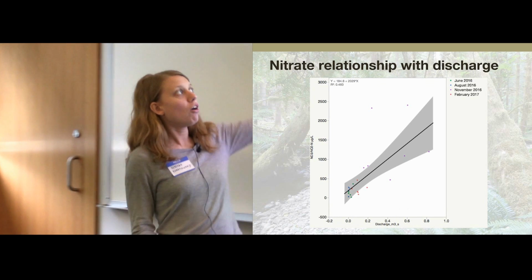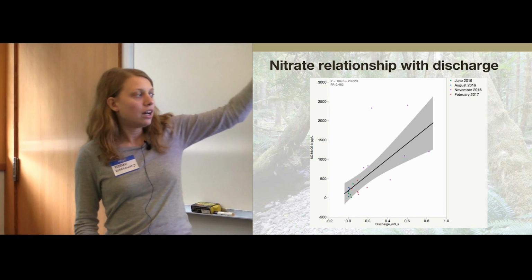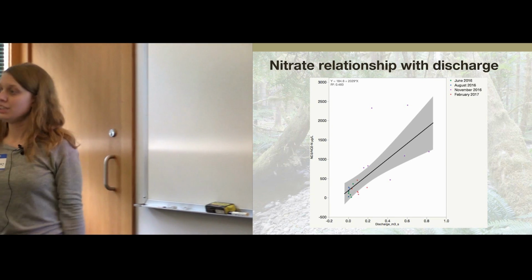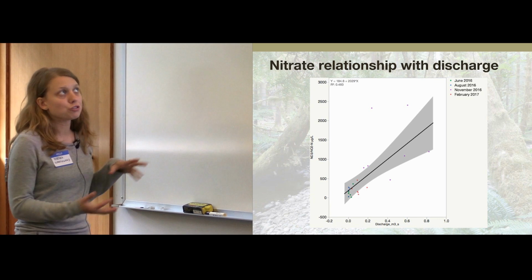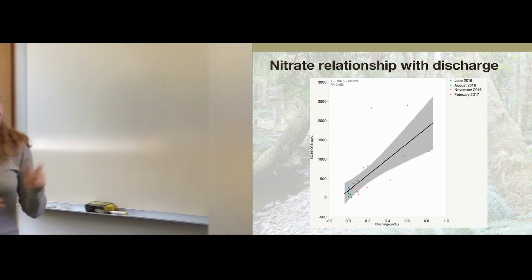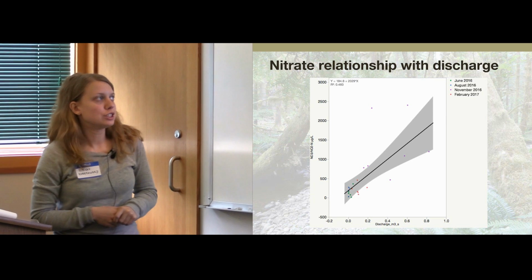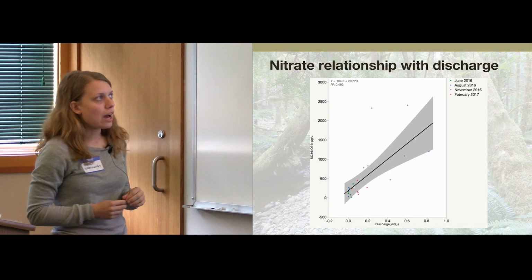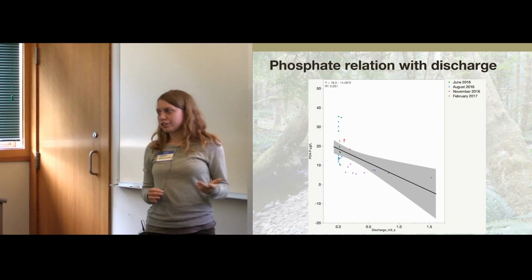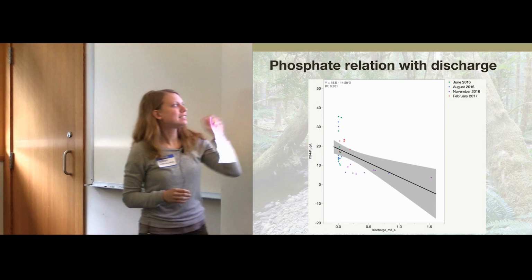So plotting all of the sites against discharge, so this is the nitrate concentration against discharge, doesn't really show a very strong correlation. There is a positive trend. You can see the correlation coefficient is pretty low here. Phosphate, inverse trend, very interesting setup here.